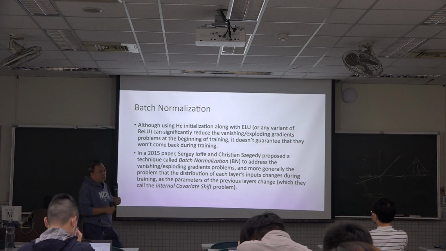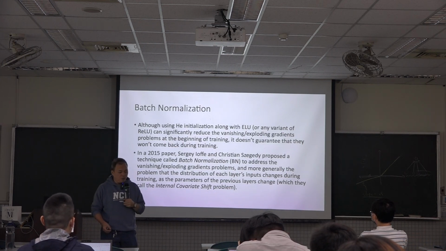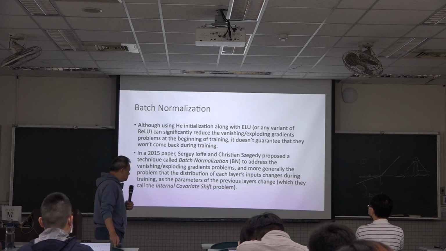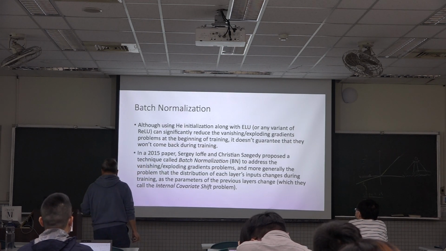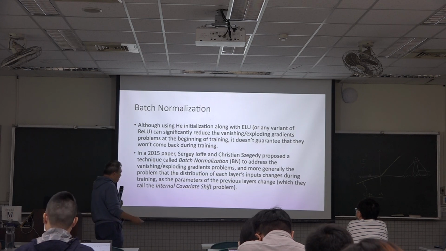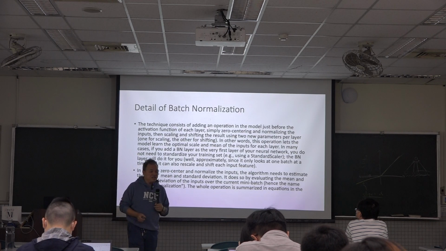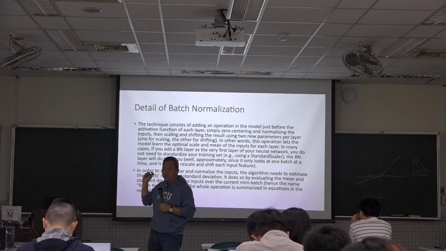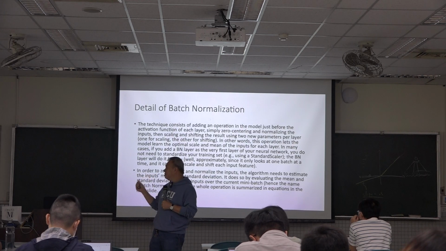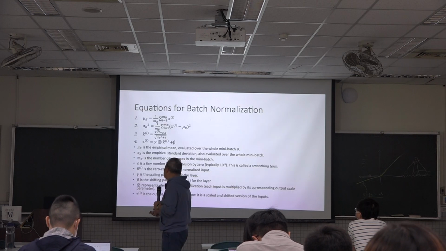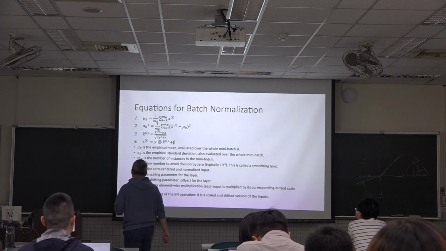But basically, it's exactly the same problem that the Xavier paper pointed out. Of course, the important thing is not the name of the problem. The important thing is the solution these two researchers proposed, this batch normalization.